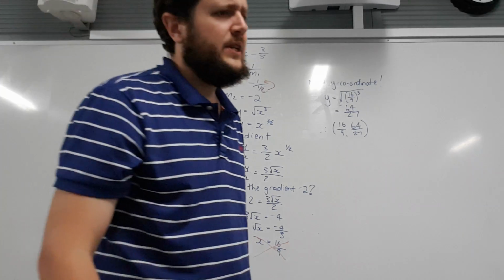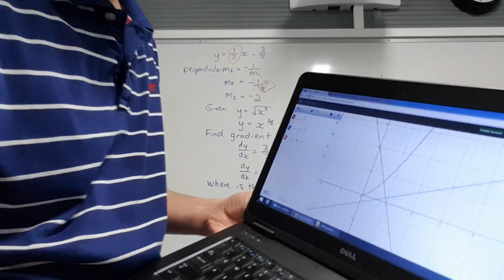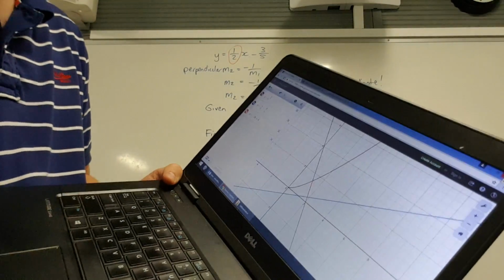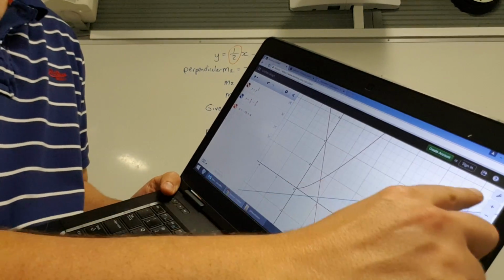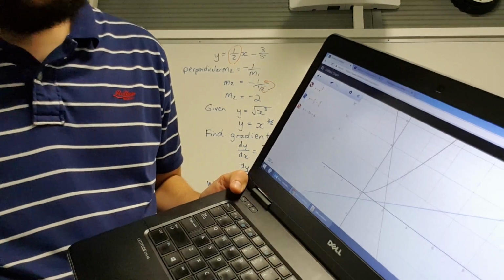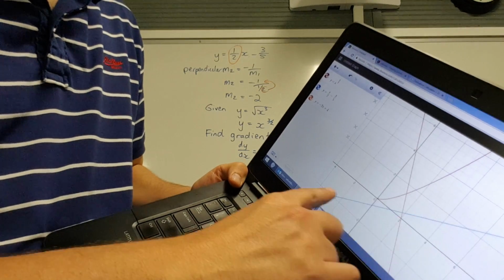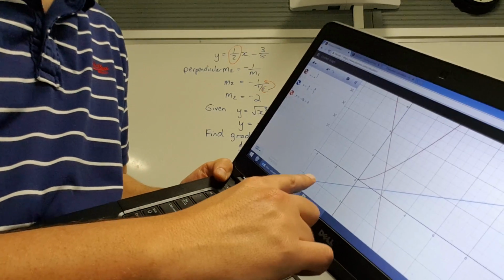And to show you just how confused I've got, here's my computer, and here's a graph of what it looks like. Now, if we're looking at this line and the tangent to that line, if you want perpendicular to that line, we can see clearly that line has a gradient of 1/2, as per the original expression.